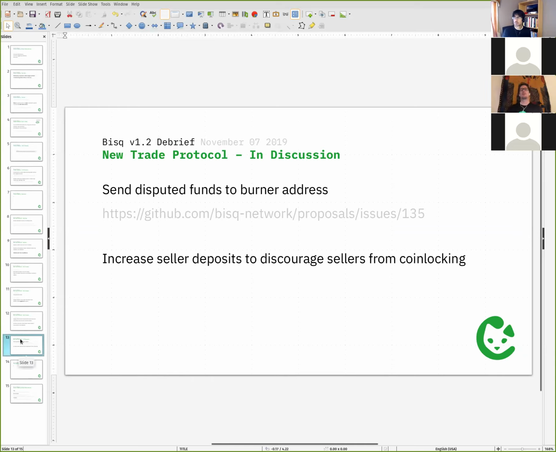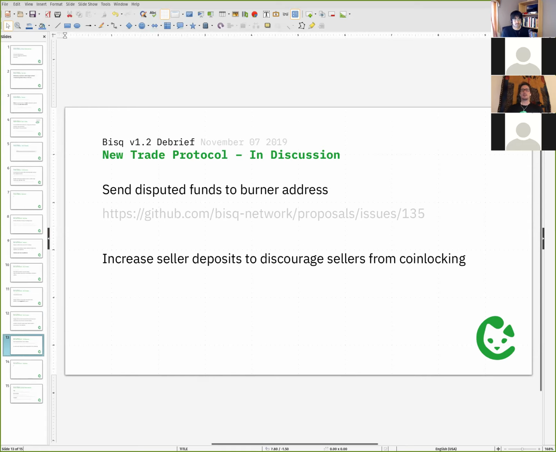And maybe just one thing regarding the issue 135 with the donation address. This attack vector, that the holder of the donation address could use his power to kind of just get all the trades where he's in. We did have, I think, a similar situation before with the old trade protocol.